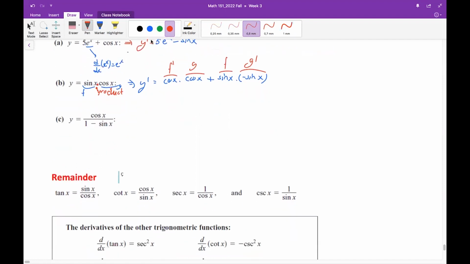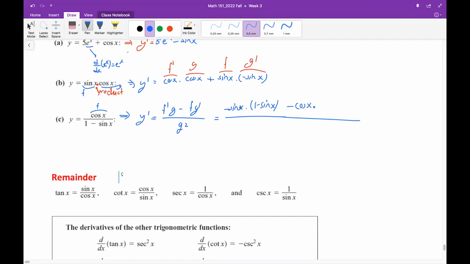Let's move on. And here we are derivating a quotient function. That's why we will apply quotient rule, which goes like f prime g minus f g prime over g squared. Okay, this is your f, derivative of cosine is what? Minus sine x times the denominator function as it is, minus cosine function stays the same this time.